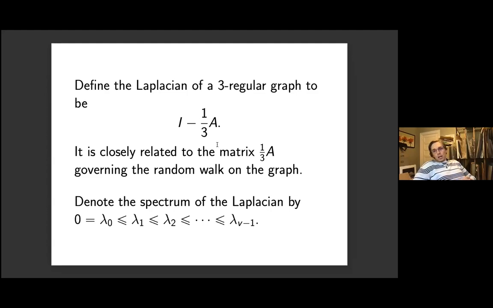So if you look at the constant function, because it's a 3-regular graph and we used 1/3 here, the constant function is in the kernel of the Laplacian. And so that corresponds to the eigenvalue lambda 0 equals 0. And then the other eigenvalues are bigger than 0 if the graph is connected.